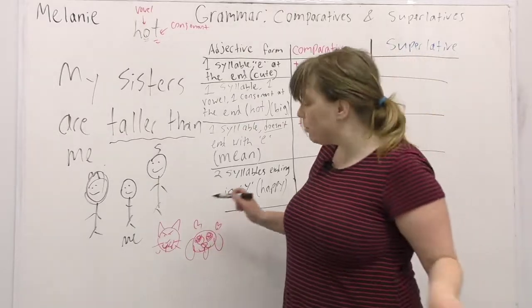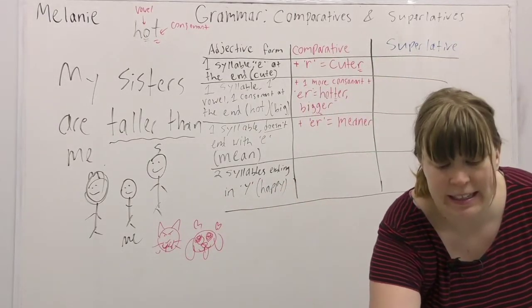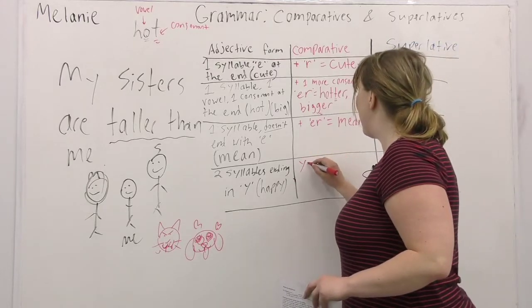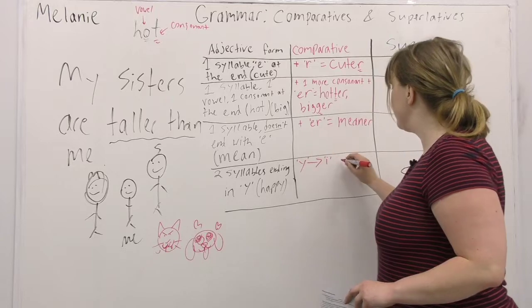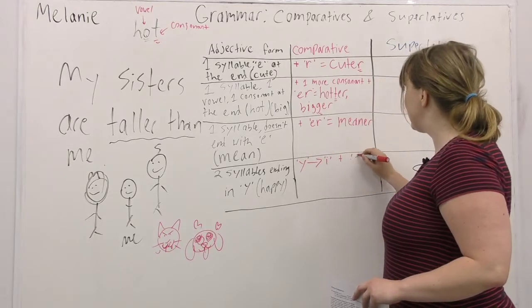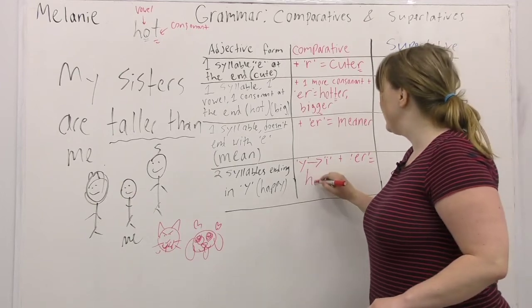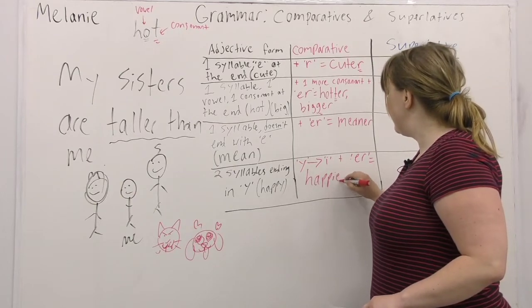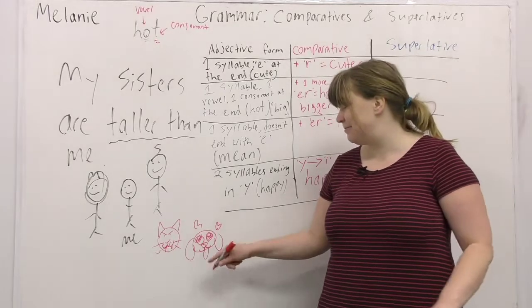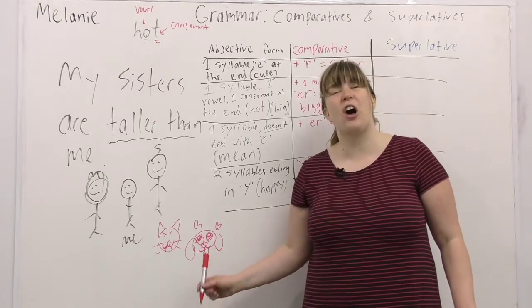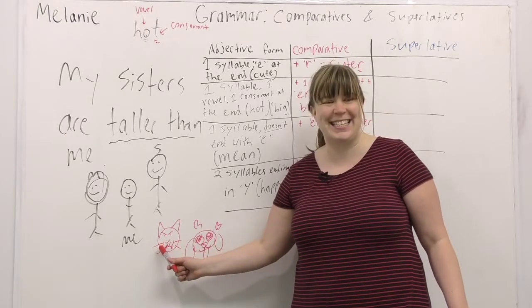So if it has two syllables and ends with Y, what you're gonna do is Y becomes I, and then you're going to add ER equals happier.